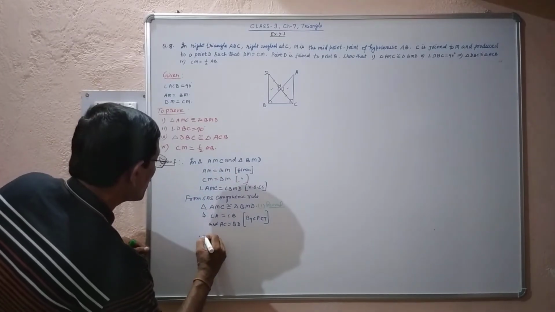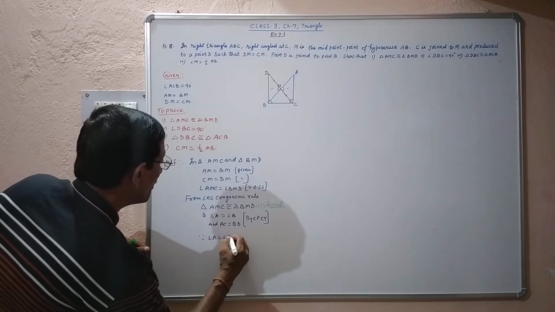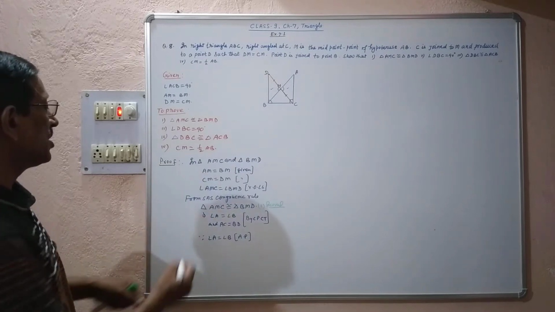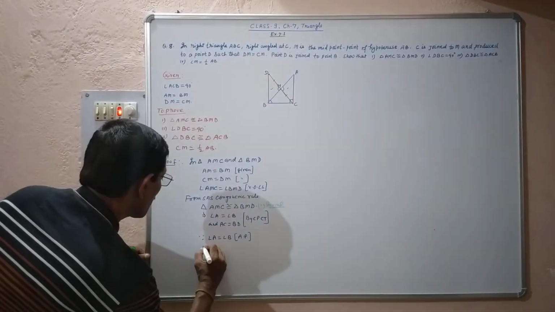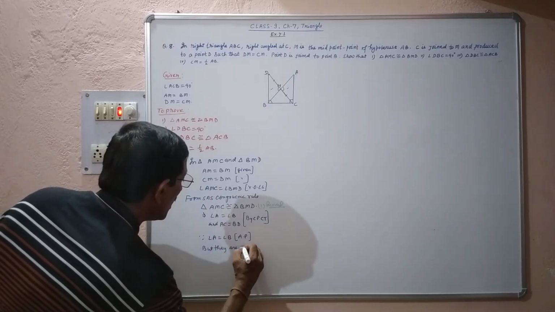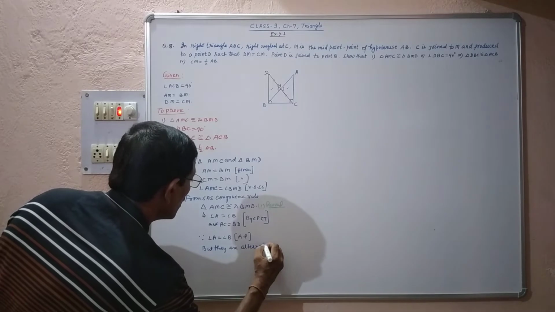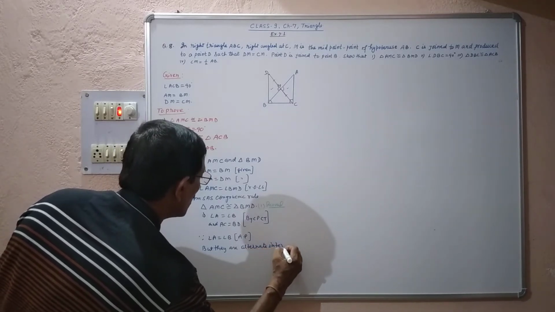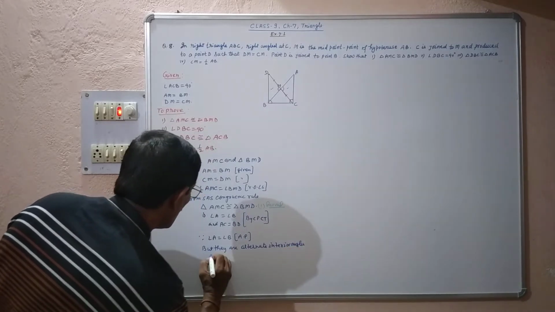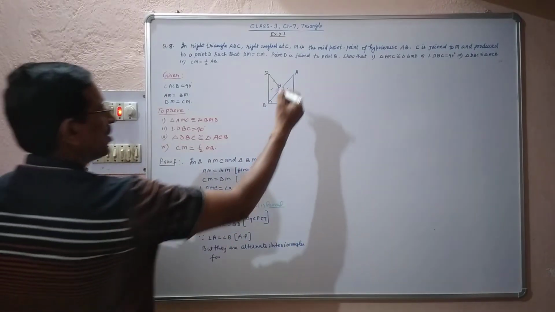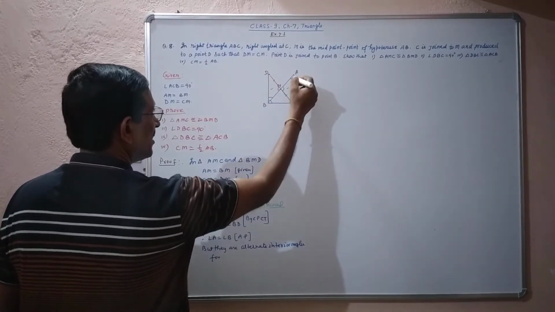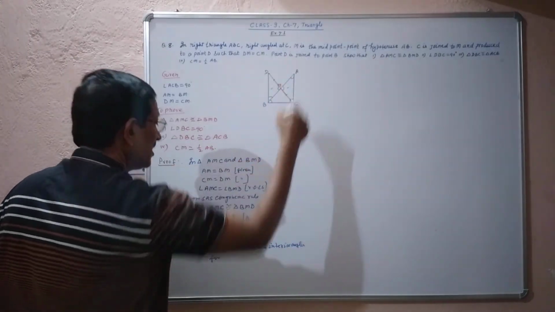Next, since angle A is equal to angle B, we will write A was proved. Angle A equal to angle B, we have just proved here. But they are alternate interior angles. These two angles are alternate interior angles for these two lines, DB and AC.